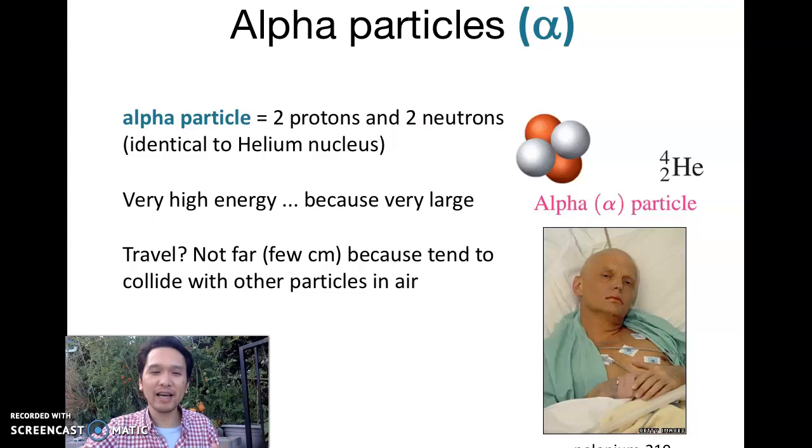And once it hits a gas particle, it's going to transmit its energy into that gas particle and maybe take some electrons from that gas particle. Once it takes the electrons from that gas particle, then it will no longer be an alpha particle. It will just be a helium atom floating around. So that's why it doesn't travel very far.